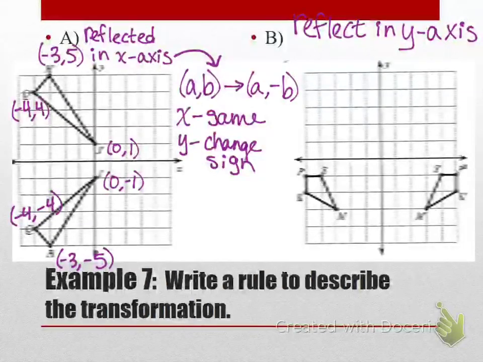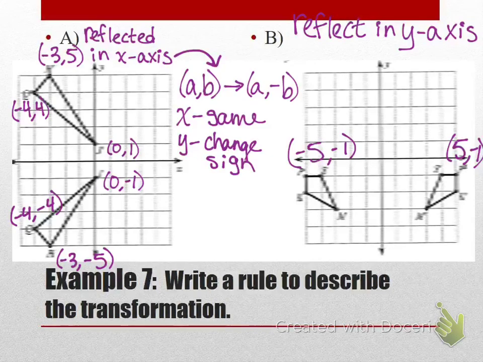Let's start with point P. What are the coordinates of P? Negative 5, negative 1. And what about P prime? 5, negative 1. Okay.